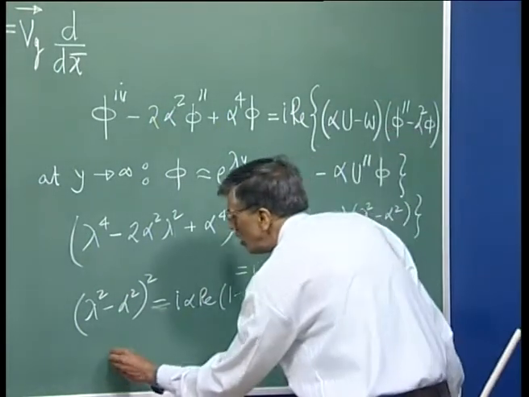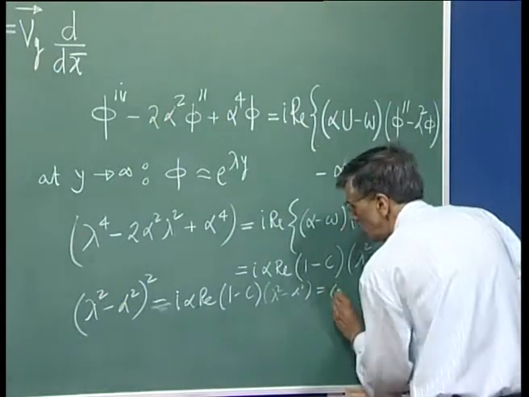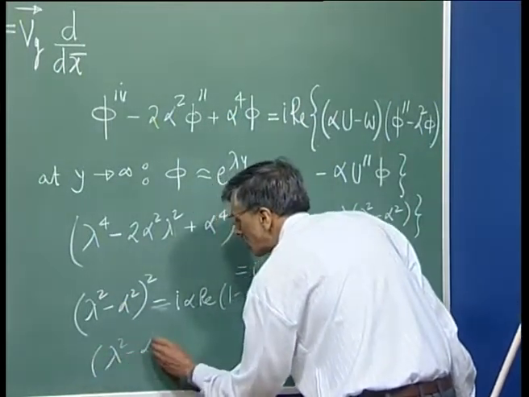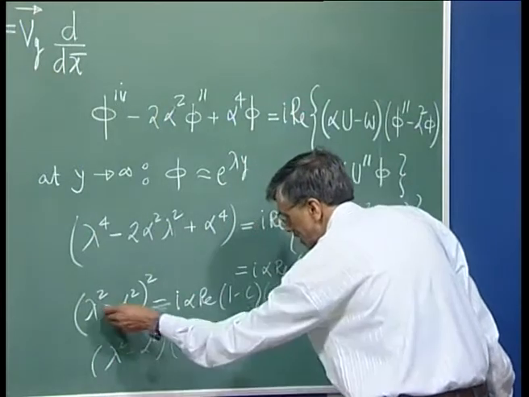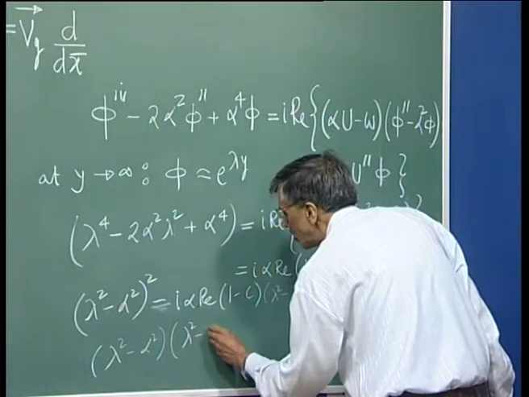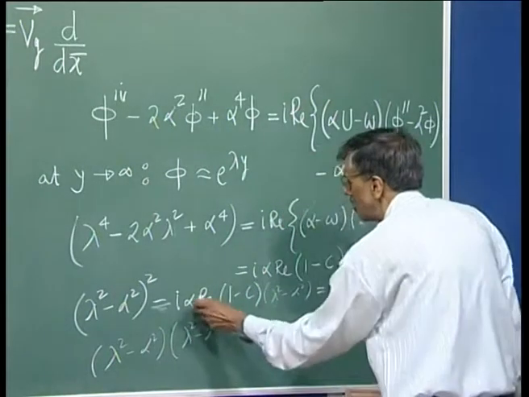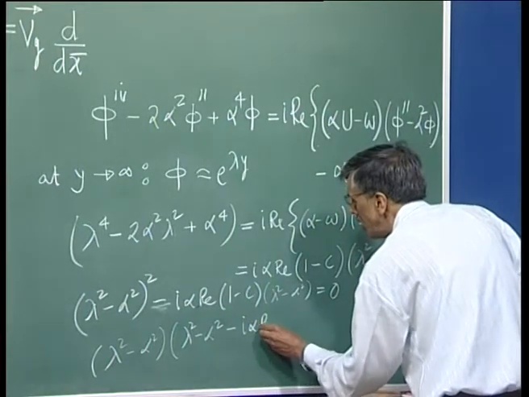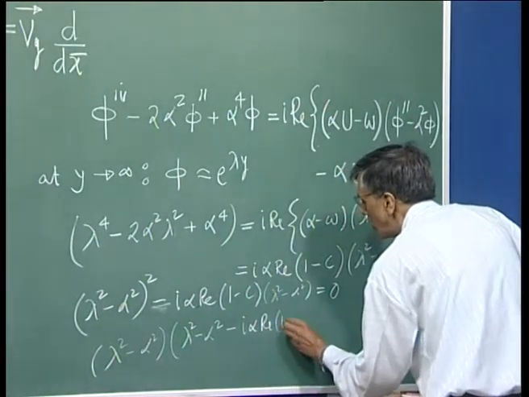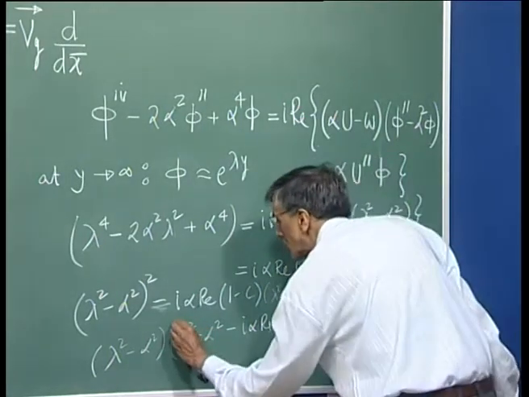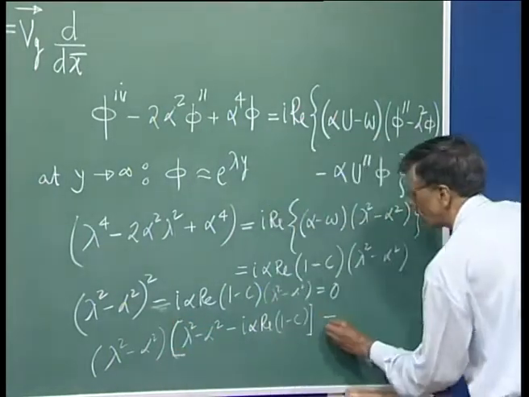So, of course, this is equal to 0. So, you take lambda square minus alpha square common, and then I will get from here lambda square minus alpha square, and from here I will get this i alpha R e into 1 minus c. Well, put it in a square bracket, and this is what it is.